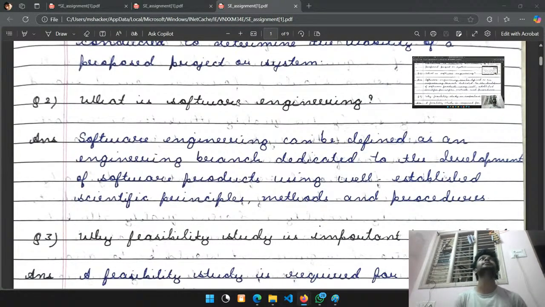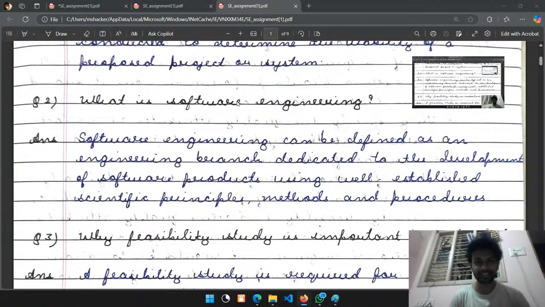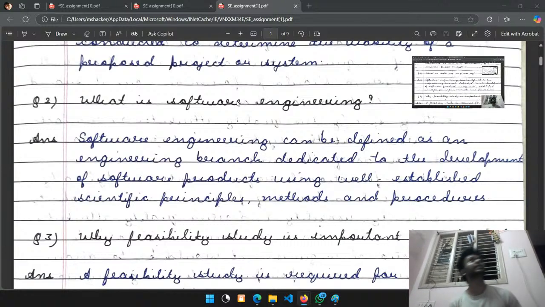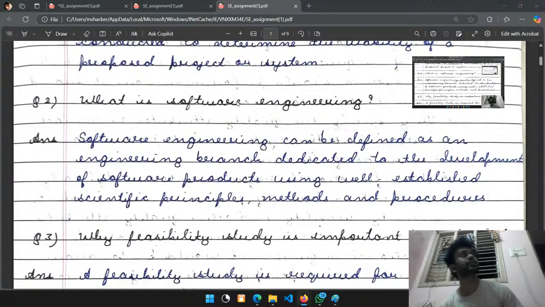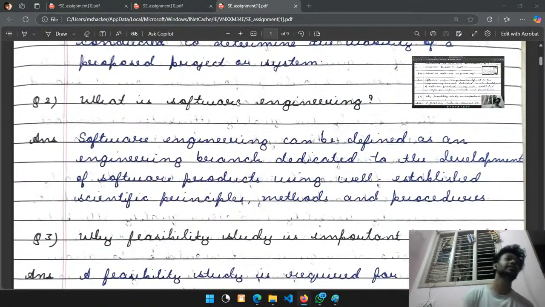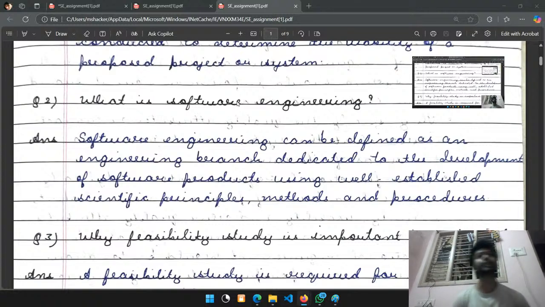Software engineering is basically an engineering branch dedicated to systematically applying the principles of software development in creating feasible, maintainable, scalable, on-time, within-budget software products.